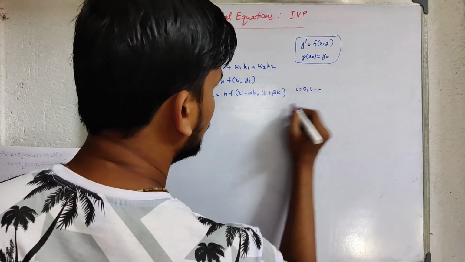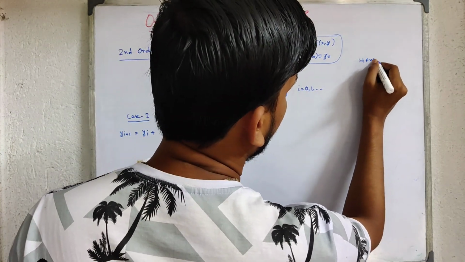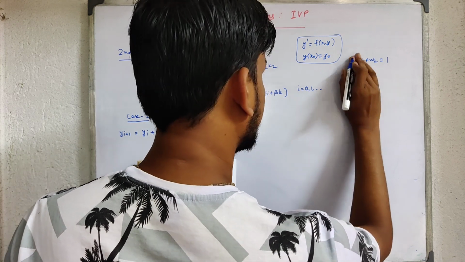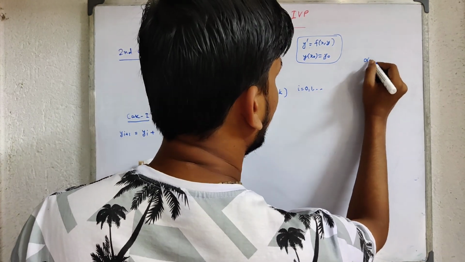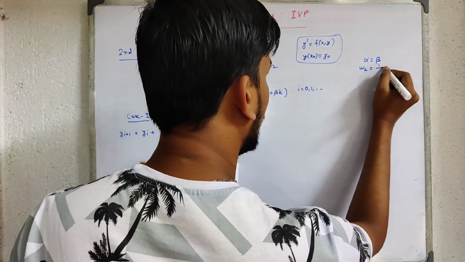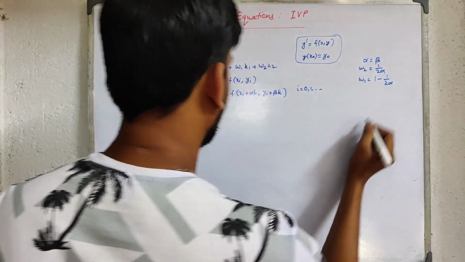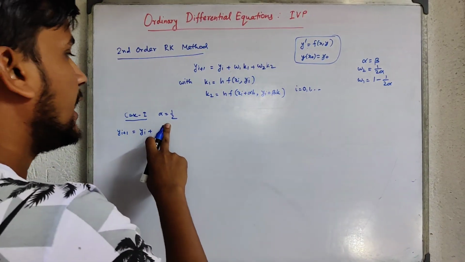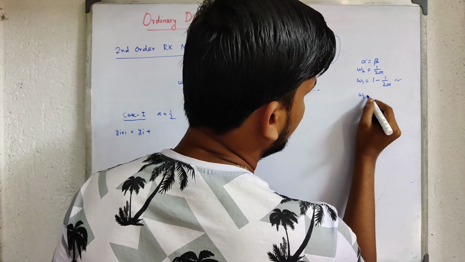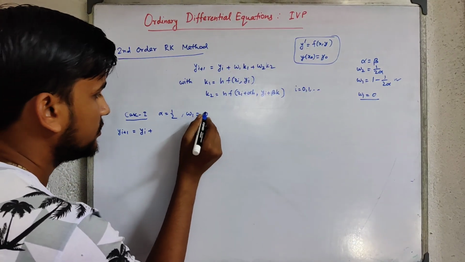If alpha equal to half, then W1 plus W2 equals 1, and the solution I wrote was alpha equal to beta, W2 equal to 1 by 2 alpha and W1 equal to 1 minus 1 by 2 alpha. So if we choose alpha equal to half, then from this equation W1 equals 0.